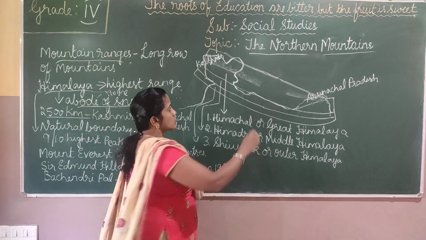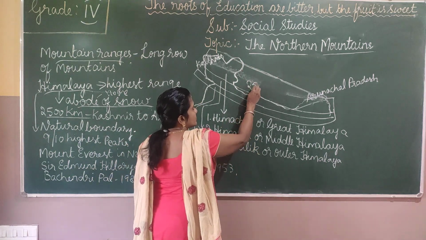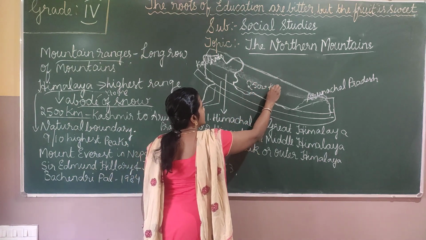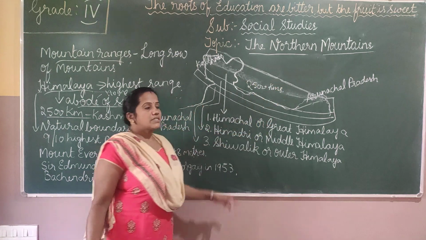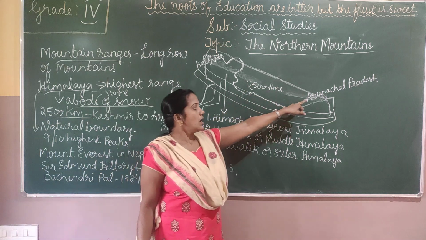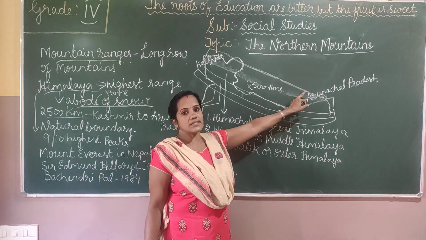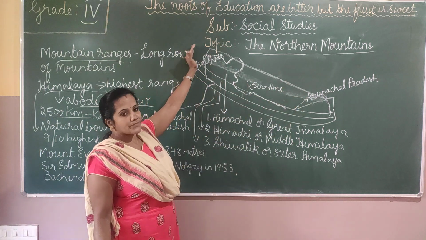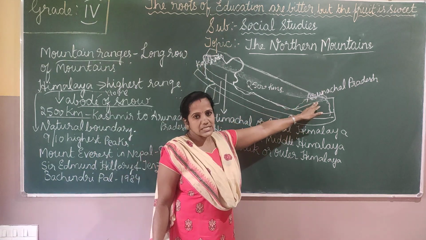Okay, so it is about 2,500 kilometers. So it extends from Kashmir in north and up to Arunachal Pradesh in the east. So we tell it is from north and the northeastern part.